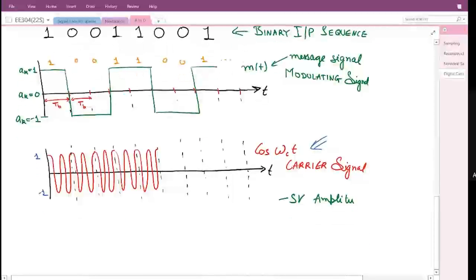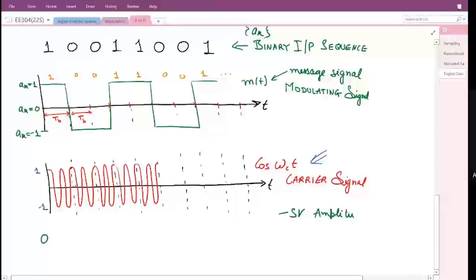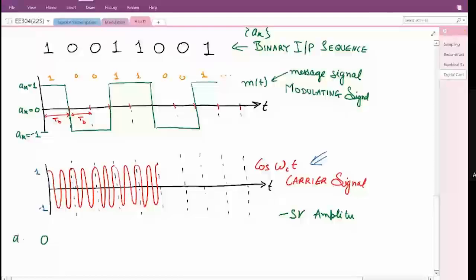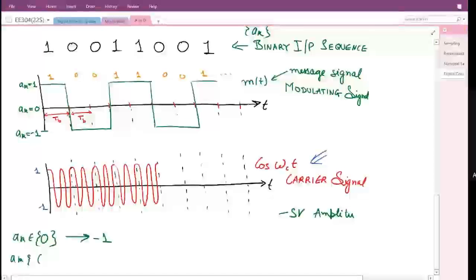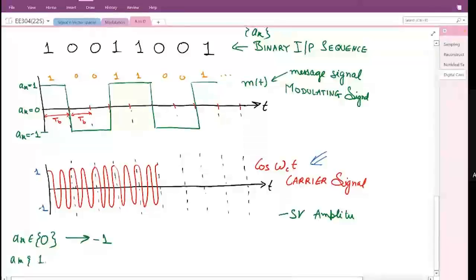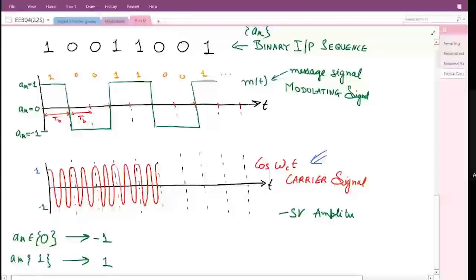So effectively, if the input sequence is AK, we can map 0 to minus 1 and 1 to plus 1. So if AK takes the value 0, we map it to a pulse which is minus 1, and if AK takes the value 1, we map it to a pulse of plus 1.